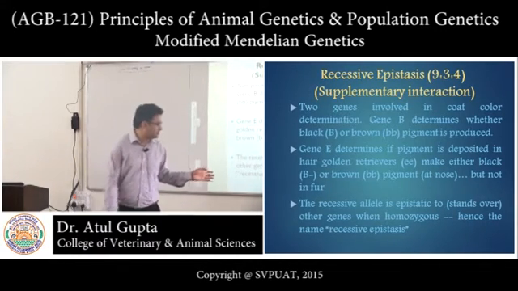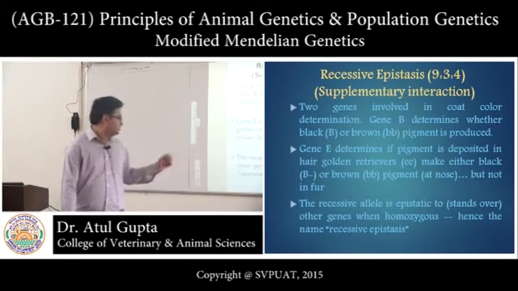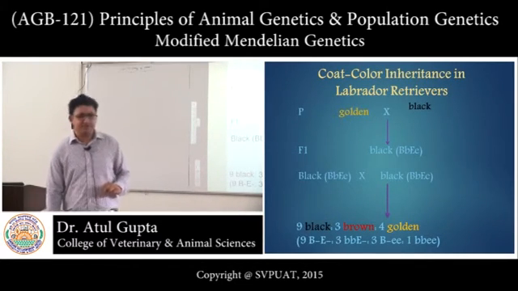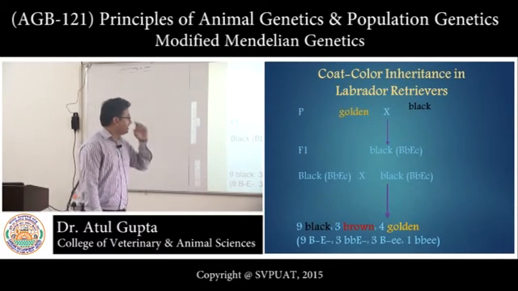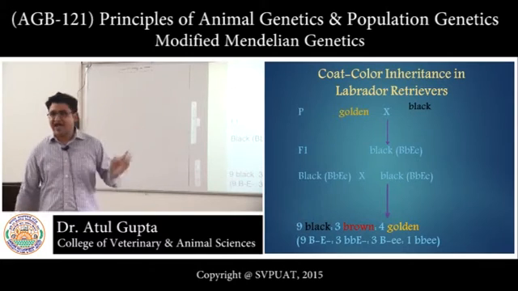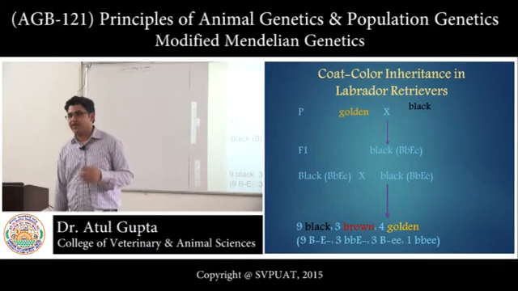Why is recessive epistasis given? Because the recessive allele is epistatic to other genes. Coat color inheritance in Labrador retriever, a breed of dog: when in the parental generation we take a golden retriever and cross with a black, in F1 we have all black progeny.